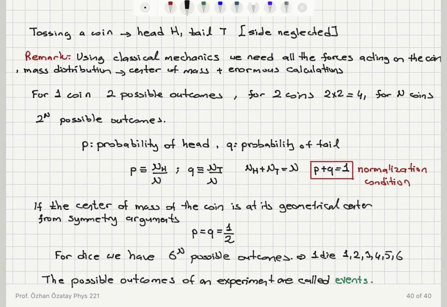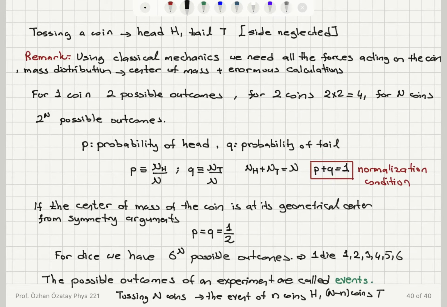So, for example, when I'm tossing N coins, let's say, then I'm looking at the event of small n coins are head and N minus n coins are tail.